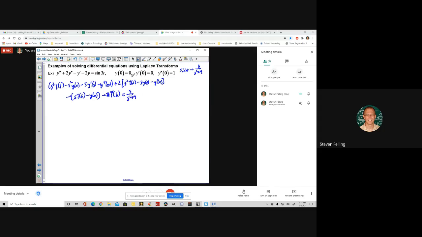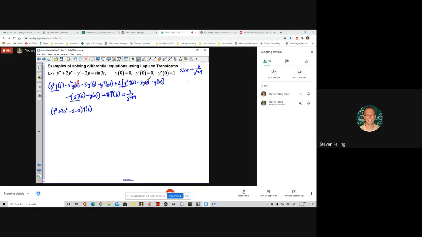Okay. And then what I can do is gather all the terms on the left-hand side that have a Y(s). So I've got s cubed from this term, a plus 2s squared from this term, a minus s from this term, and a minus 2 from this term. That's the Y(s)'s. And then let's plug in some numbers because they gave me all these initial conditions. So y of 0 is 0, so all of these are going to be 0.